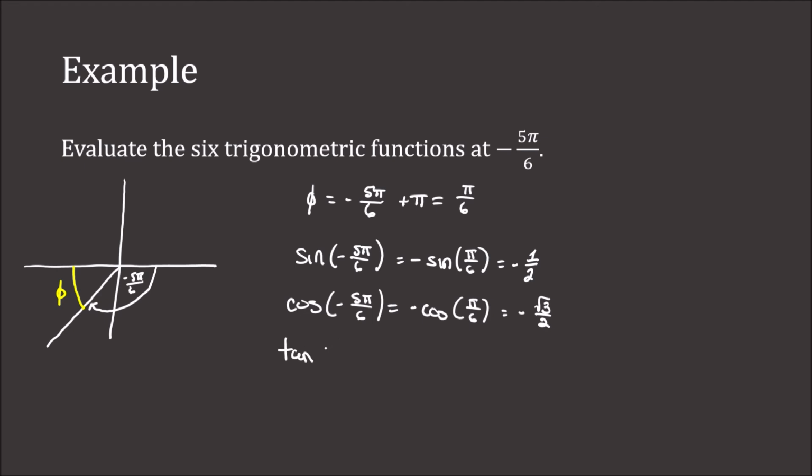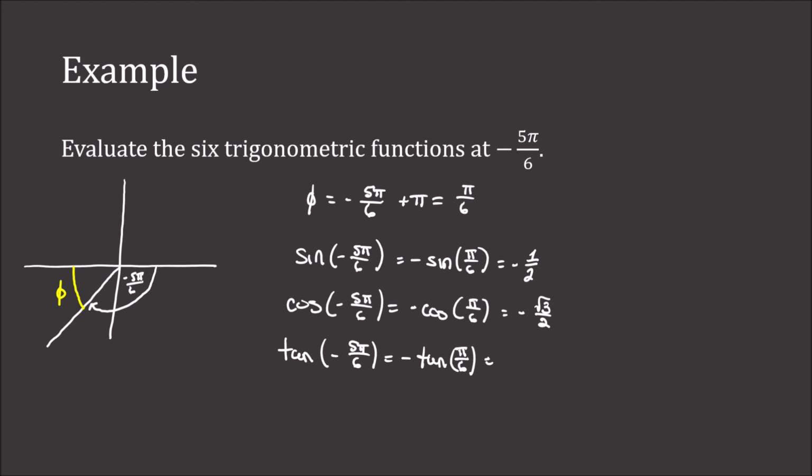Tan of negative 5 pi over 6 is negative tangent of pi over 6. Right? So we'll get, what is it, negative 1/2 over negative root 3 over 2.